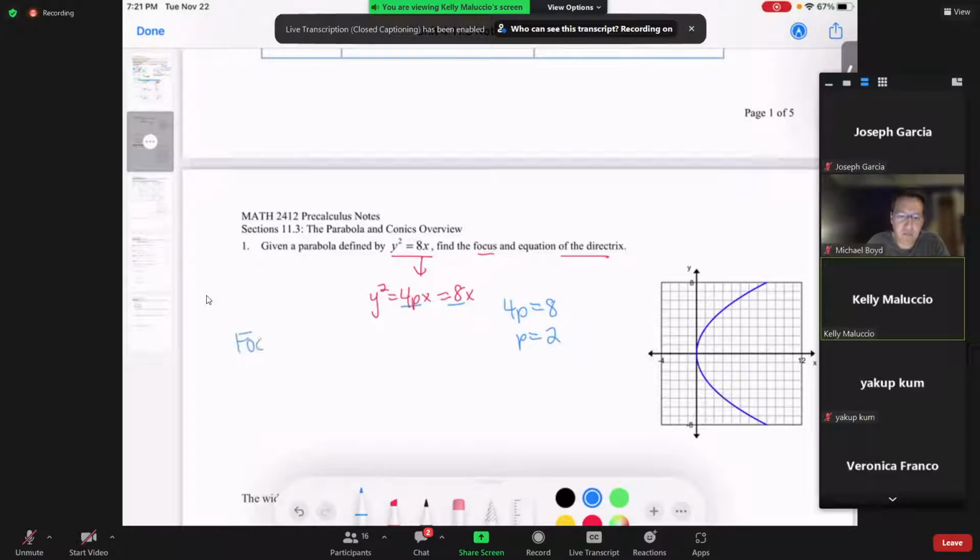Therefore, the focus is, and we're starting at the origin, so the focus is just 2 to the right, because we're positive here, or we're opening to the right. So the focus is at (2, 0). And the directrix is going to be a vertical line. So it's going to be 2 to the left. So it's going to be x equals negative 2.